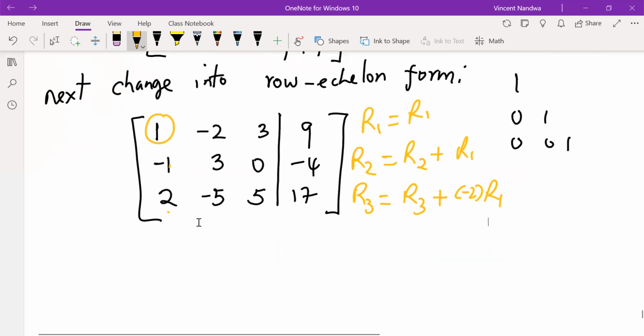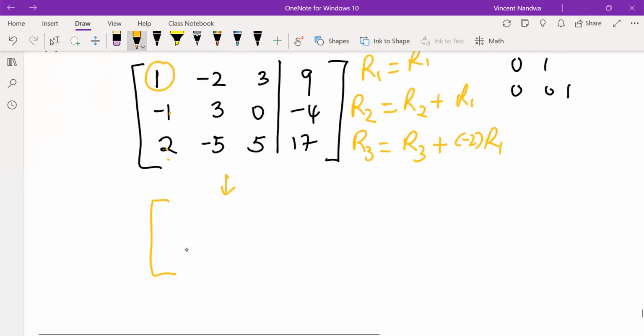That will guarantee us a 0 at this position and a 0 at this position. So this will be 1, minus 2, 3, 9. Minus 1 plus 1 is 0. 3 plus minus 2 is 1. 0 plus 3 is 3. Minus 4 plus 9 is 5.